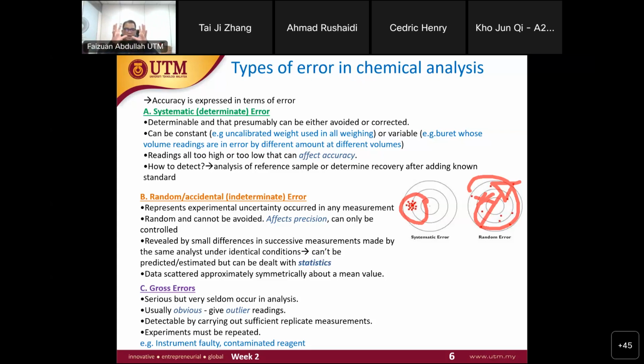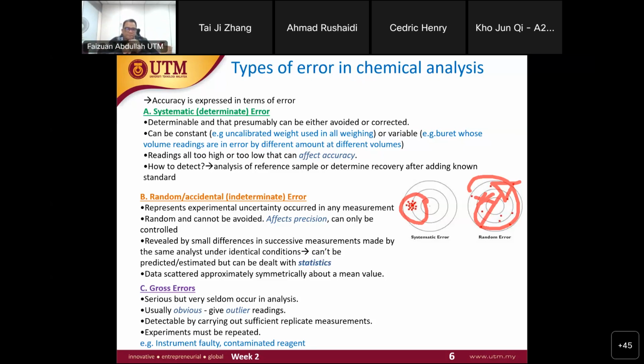Remember, if we have a sample that have a matrix that can affect the analysis, we prepare a series of different concentration of analyte, but we add a similar volume of the sample itself.